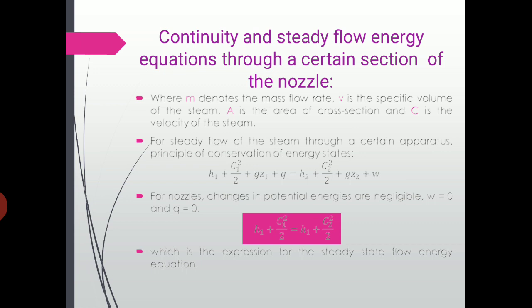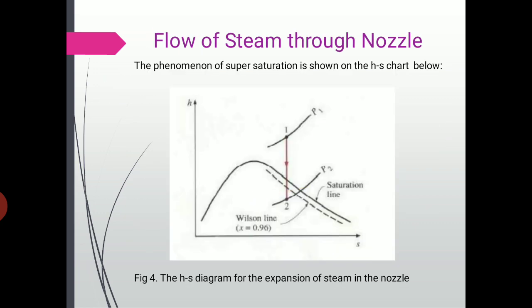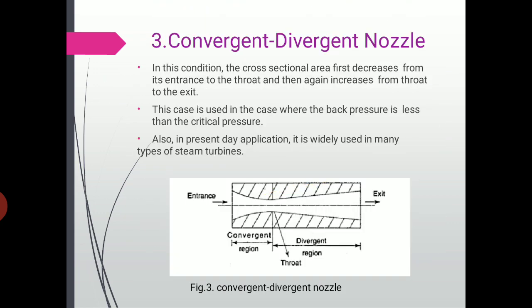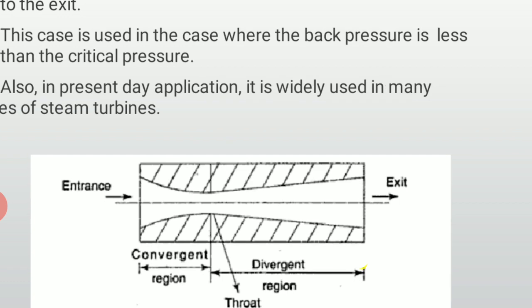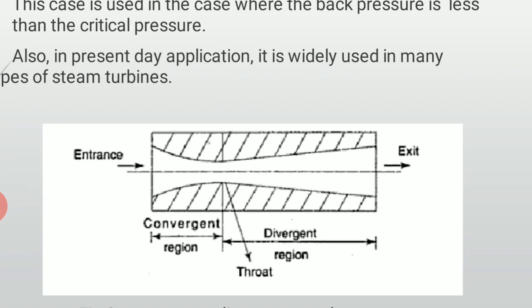In the next class we'll discuss a simple derivation of the velocity at the exit. For a nozzle there is an entrance and an exit. V1 is the velocity at the entrance and V2 is the velocity at the exit.